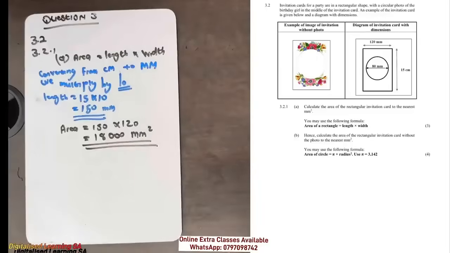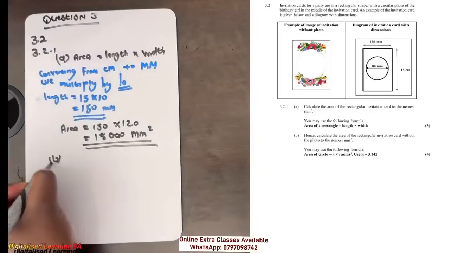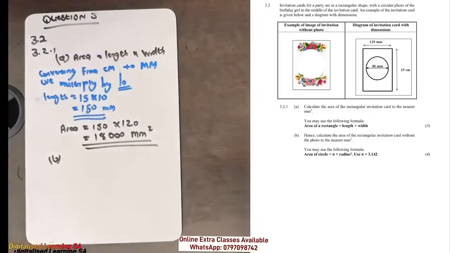Okay, so now let's move to our next question, which is question B. Question B says, hence calculate the area of the rectangular invitation card without the photo to the nearest millimeter squared. So we need to calculate the area of the rectangle, but without the photo.